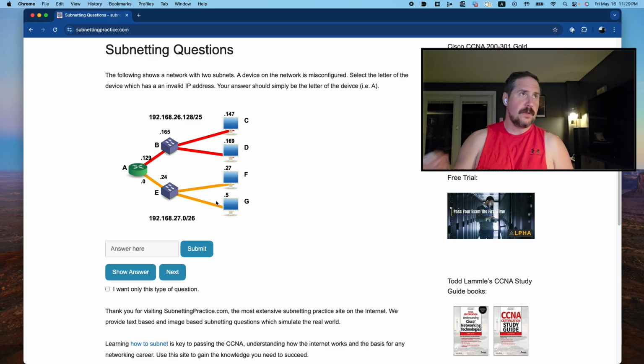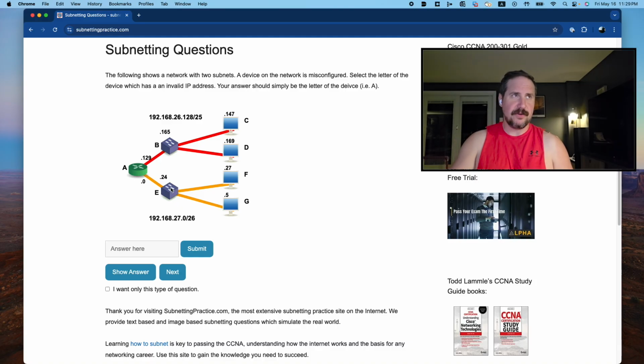Okay, so the very first address, .0, is invalid because this device is occupying the first address in the range, which is reserved for the network as the network address. So I think that's going to be the issue.